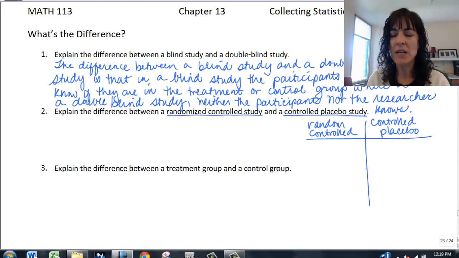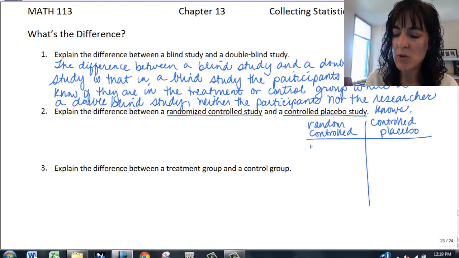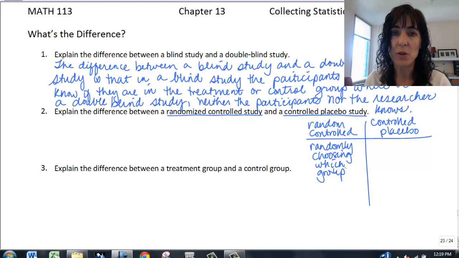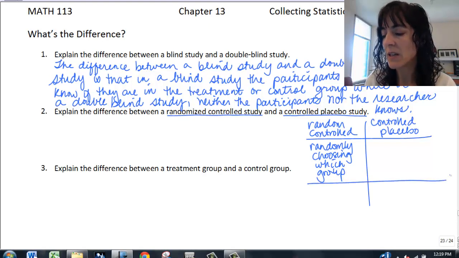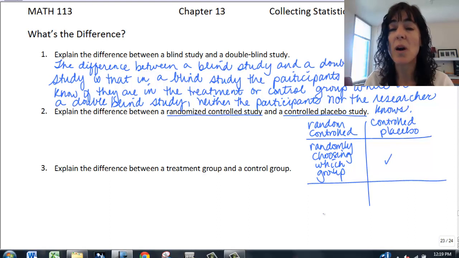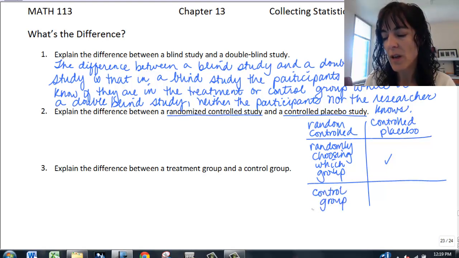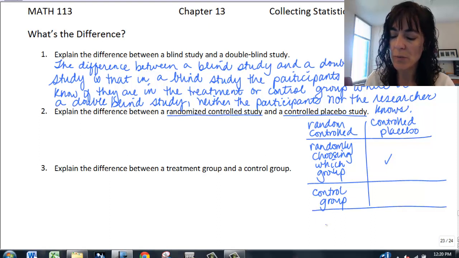So in a randomized controlled study, that means you're randomly choosing which group a participant will be in. And in a controlled placebo study, that is probably also the case. For a randomized controlled study, then you have a control group and you have a treatment group.